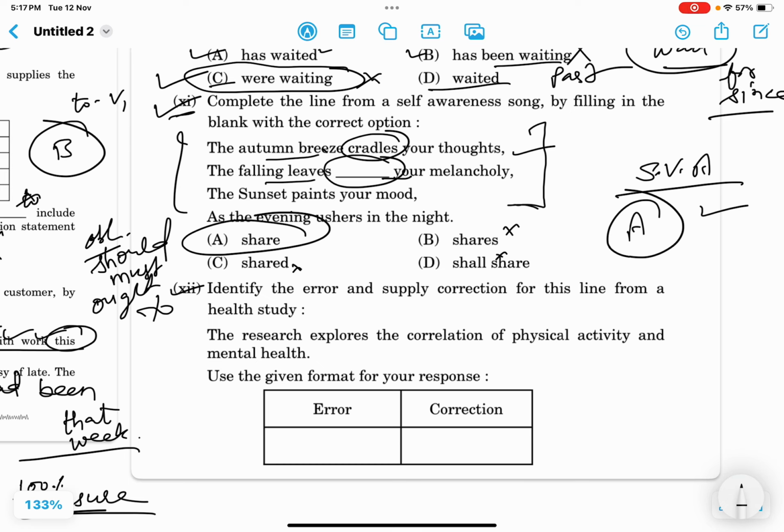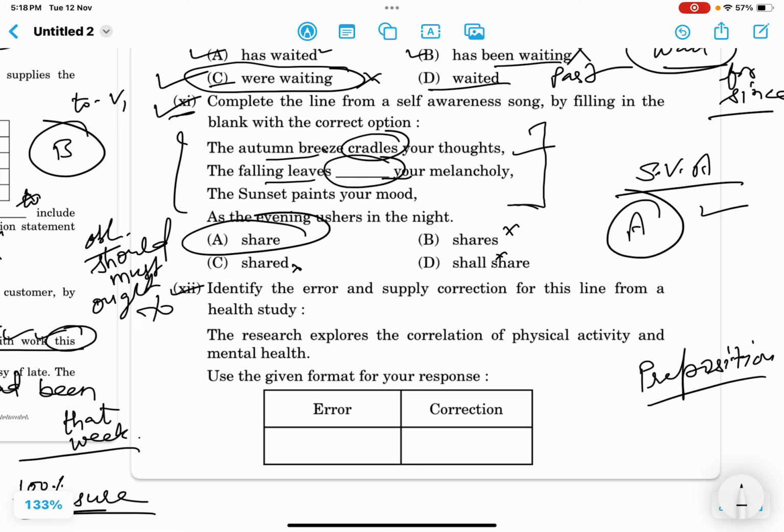The research explores, error correction once again. The research explores the correlation of physical activity and mental health. This question is actually of prepositions, and this topic has been deleted, but it is a part of general grammar, so the question may be there. The research explores the correlation.